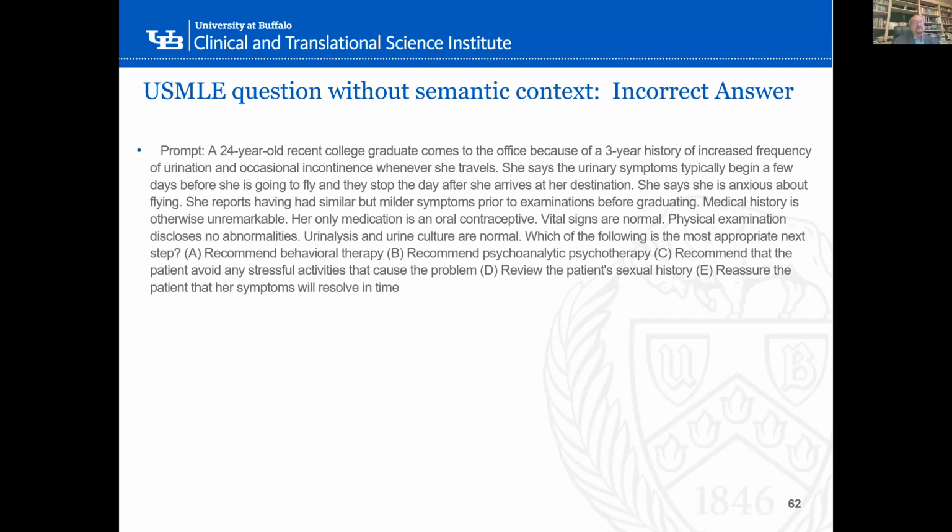She says she gets anxious about flying, and she reports having similar but milder symptoms prior to exams before graduating. Medical history is unremarkable. Her medications are only oral contraceptives. Vital signs are normal. Physical exam discloses no abnormalities. Urinalysis and urine culture are normal. Which of the following is the most appropriate next step? And you have possible answers here, which you can read.